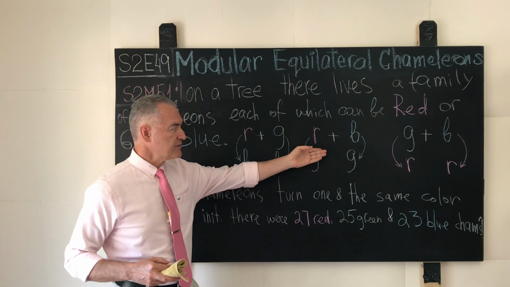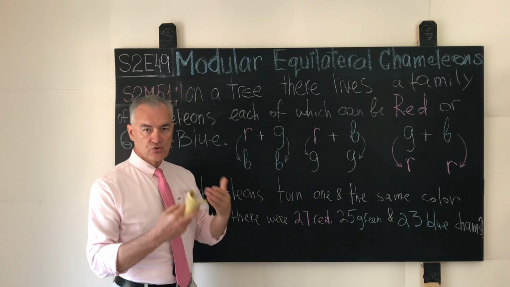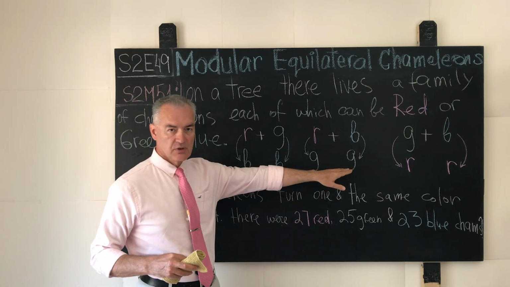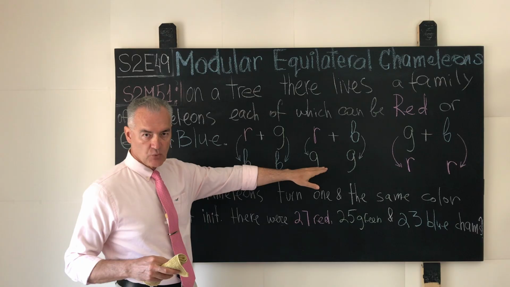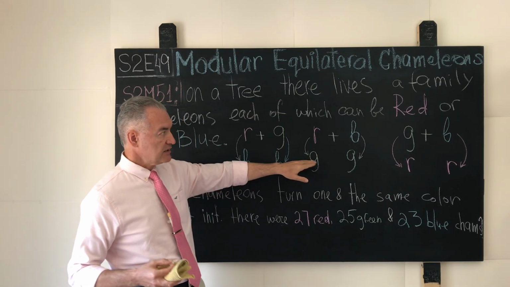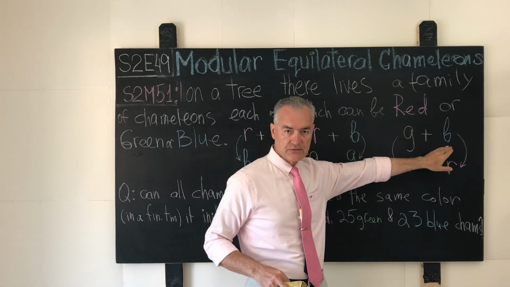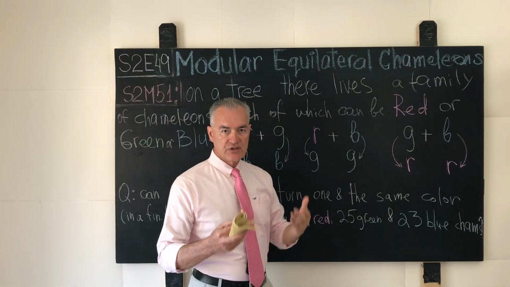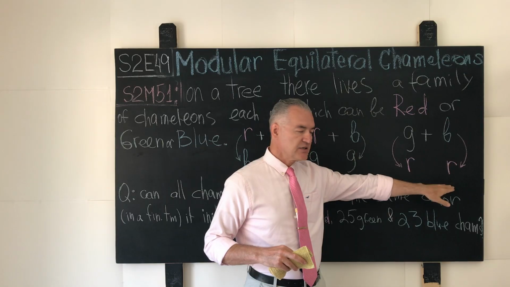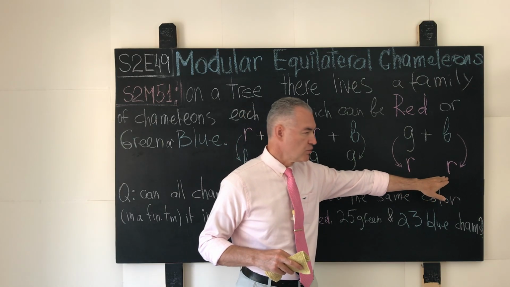If one red and one blue chameleon bump into each other, then they both turn very quickly into the remaining color, green. Lastly, if one green and one blue chameleon bump into each other, then they both instantly turn the remaining color, which is red.